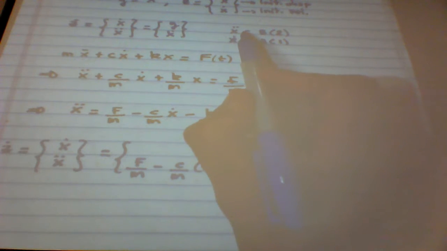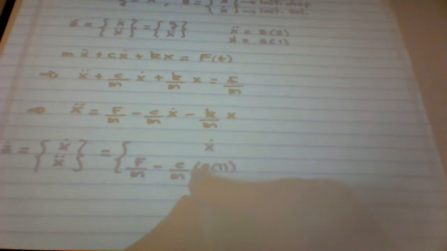But x dot is equal to what? z1, no? Actually, no, that would be z2. No, z2 is the x double dot. This one is z1, z2. No, no, that's z dot 1. So it will be z2, you're correct, so I'm going to erase this one.